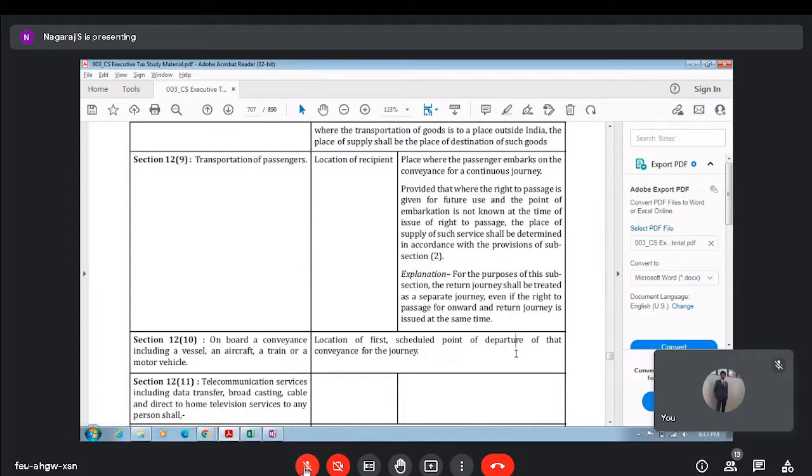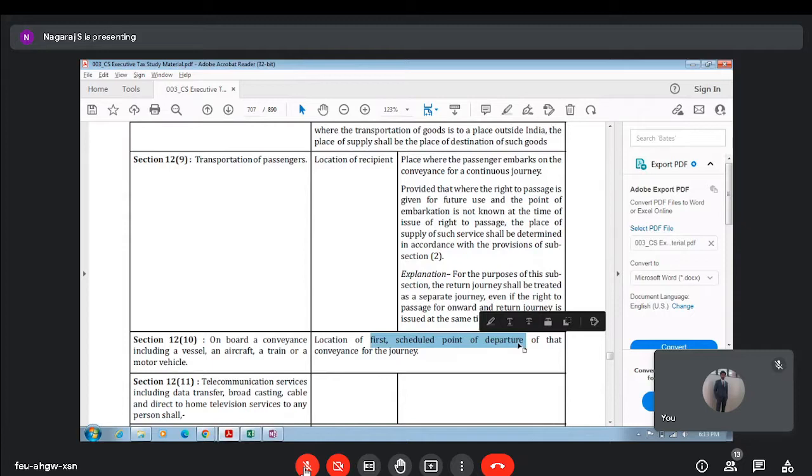What will the place of supply be here? You have taken the service in Sri Lanka, which is outside India, but the place of supply will be the first scheduled point of departure, where the flight has departed from.